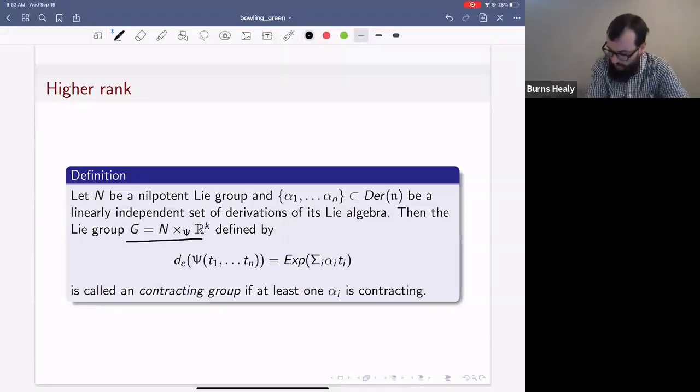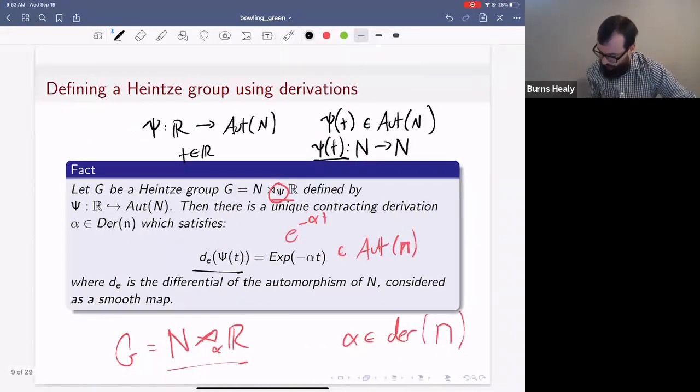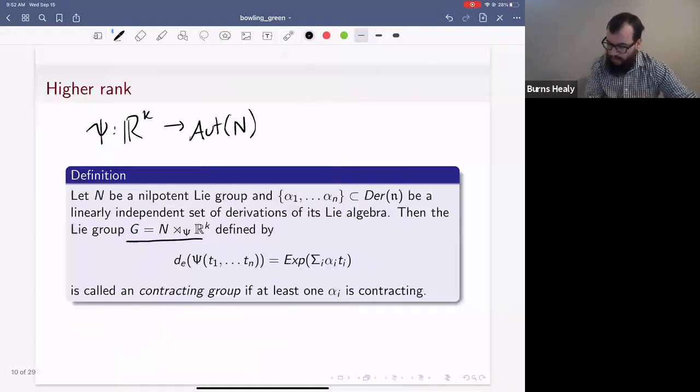Okay, and now I want to define my G, where I'm actually mapping, instead of R, a whole R^k's worth of automorphisms here, like so. Okay, and how are we going to do it? Again, we're going to do it in this sort of way of looking at Heintze groups, where I just want to tell you where the differential is.